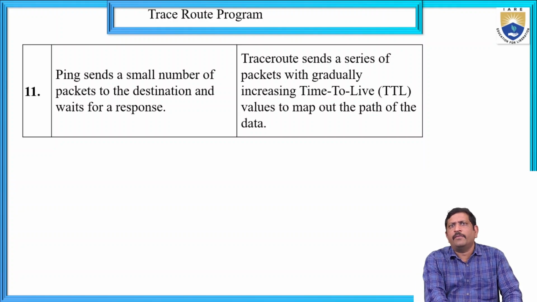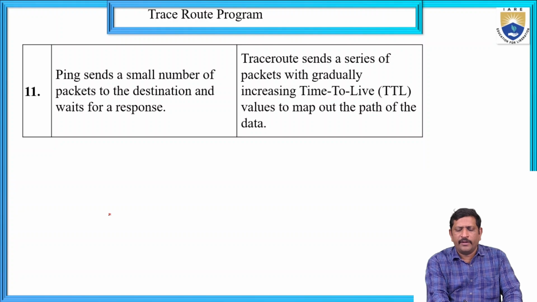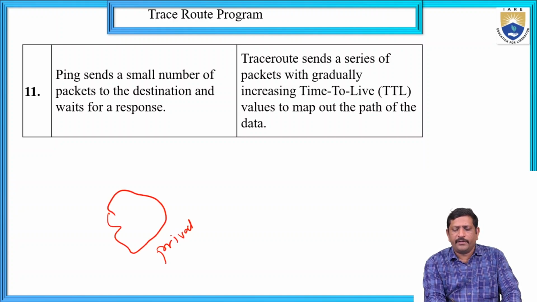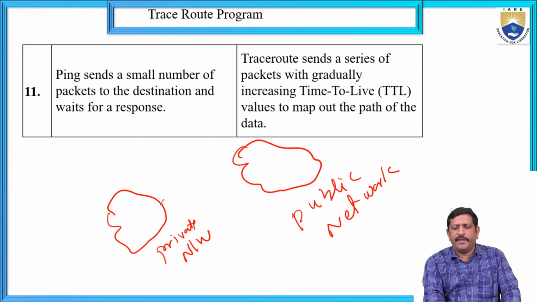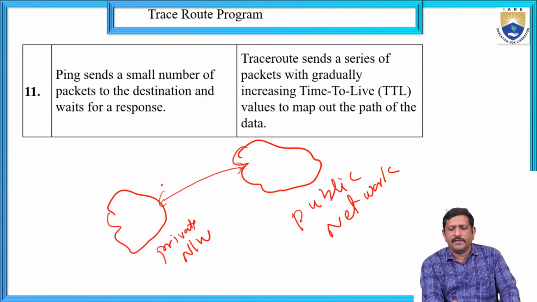ping is a program which sends a small number of packets to the destination and waits for the response. Here, what we are doing is going from the private network to the public network. We are sending the data, and the data can be sent in the form of packets.